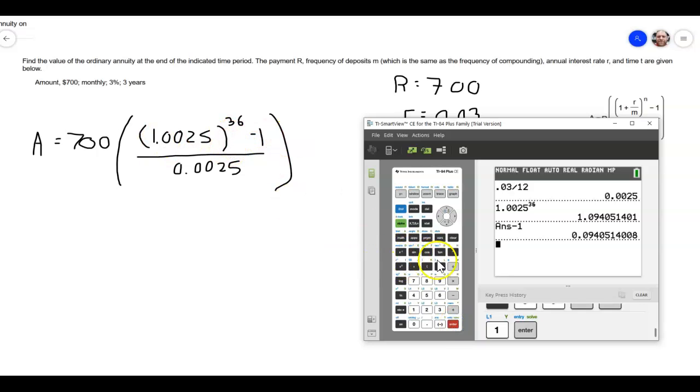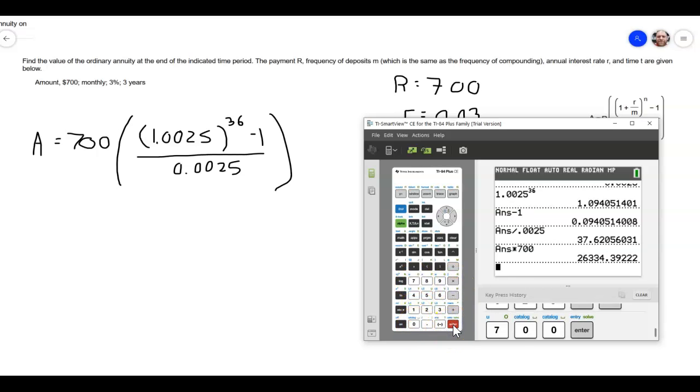We complete the numerator, and then I'm going to divide by 0.0025. Then finally, I'm going to multiply by 700. Enter, and I get $26,334.39, and that is my correct answer.